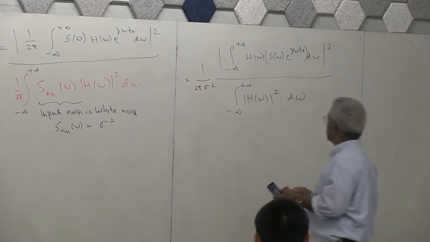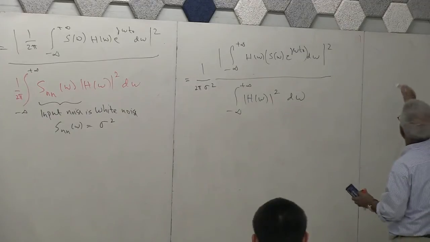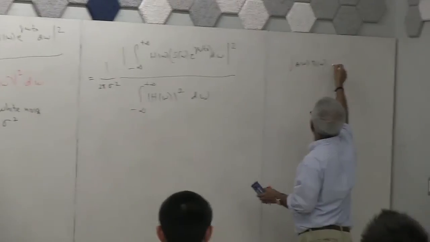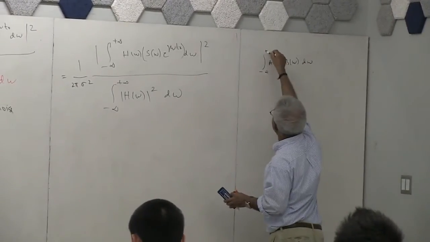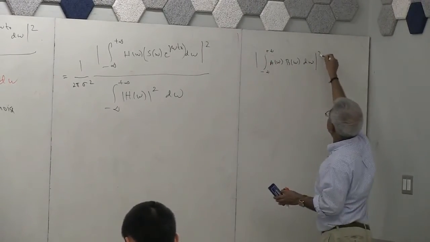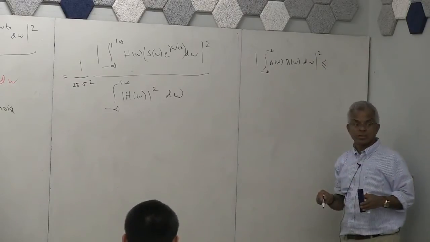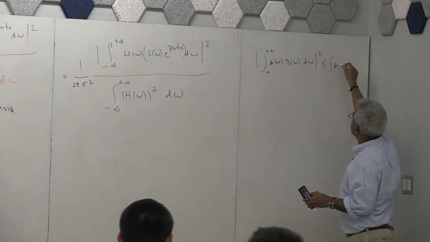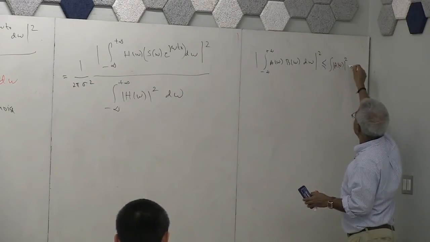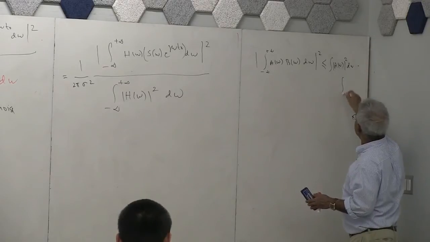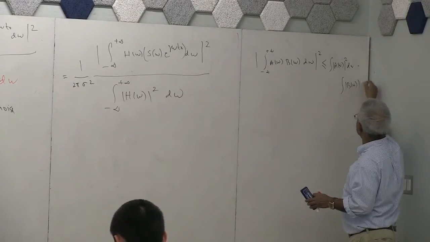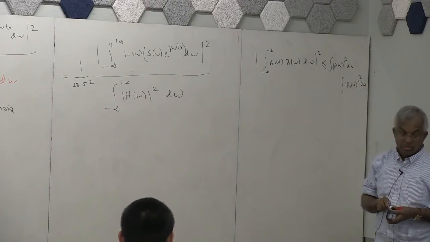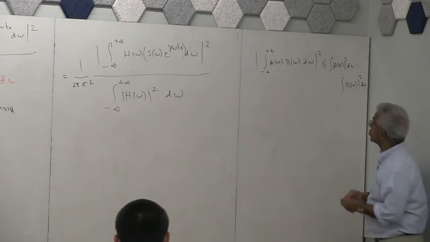Now the numerator looks like the integral of A(omega) B(omega) d omega. Anybody remember this? We went through this: the integral of a squared times the integral of b squared, the absolute value of a(omega) squared d omega multiplied by the absolute value of b(omega) squared. This is known as the Cauchy-Schwarz inequality, or Schwarz inequality.